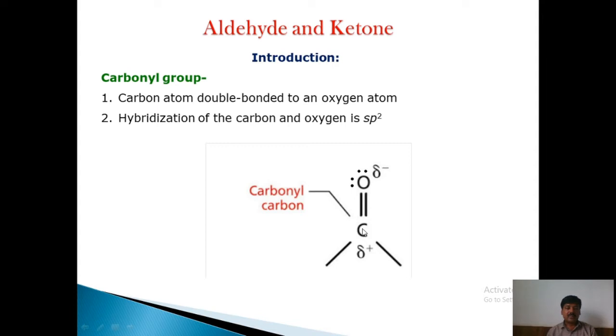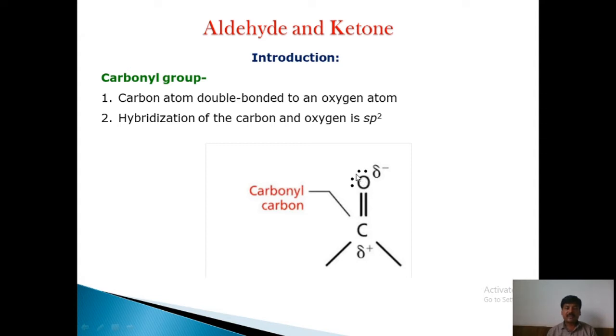In the carbonyl group, the carbon and oxygen hybridization is sp2. In oxygen, two lone pair electrons are present. Lone pair electrons means these are non-bonding electrons, and they cannot share electrons with another atom.